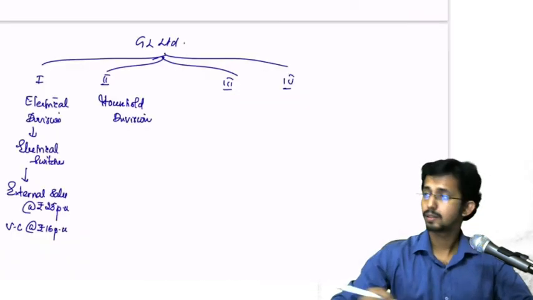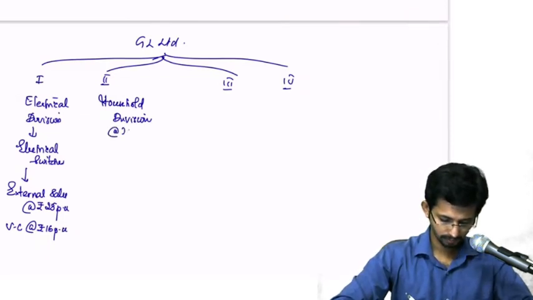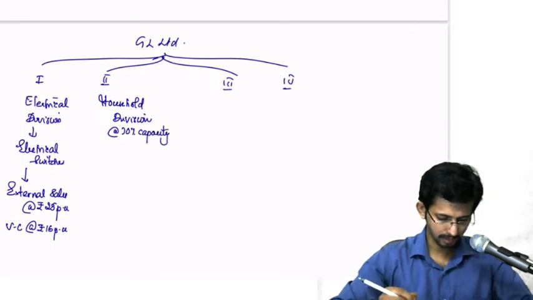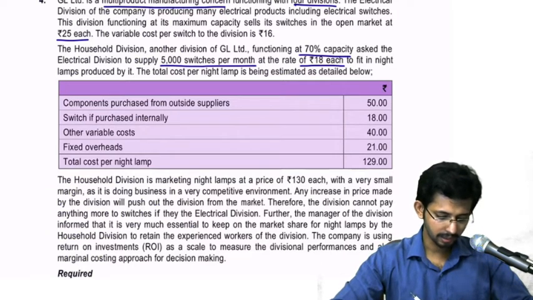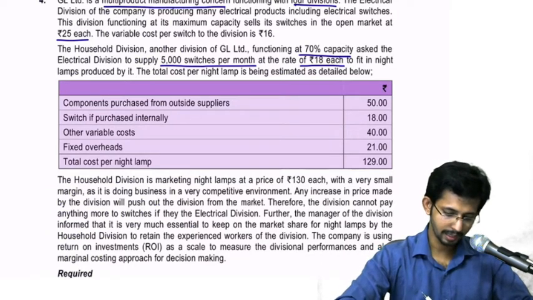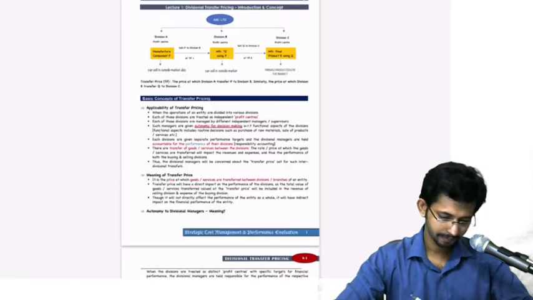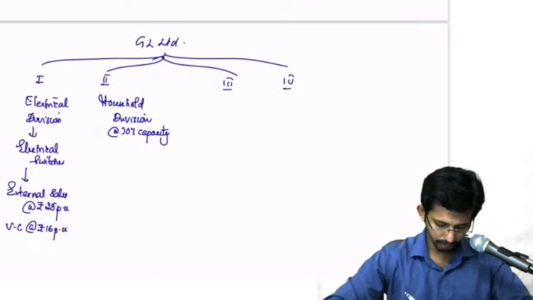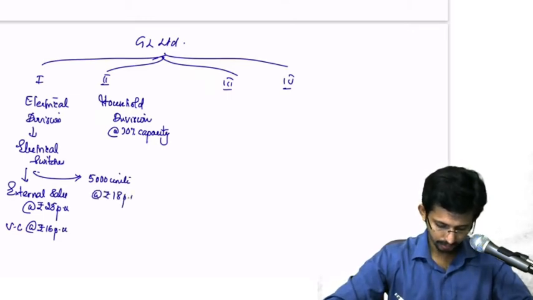Asked the electrical division to supply 5,000 switches per month at the rate of rupees 18 to fit in the night lamps produced by it. So require 5,000 units at rupees 18 per unit.